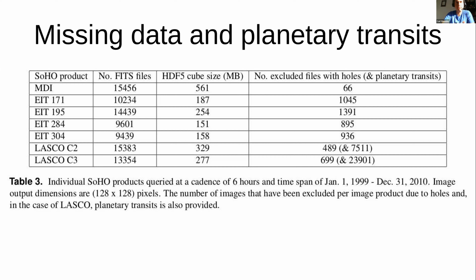And looking at the LASCO C2 and C3, in parentheses the number of planetary transits, so files that could not be used if one does not want images with planetary transits, there were quite a lot, around 24,000. That's a bit less than twice the number of actually good LASCO C3 files. So that's significant.